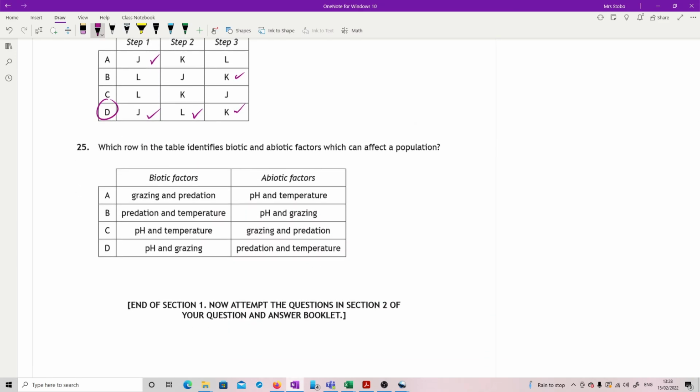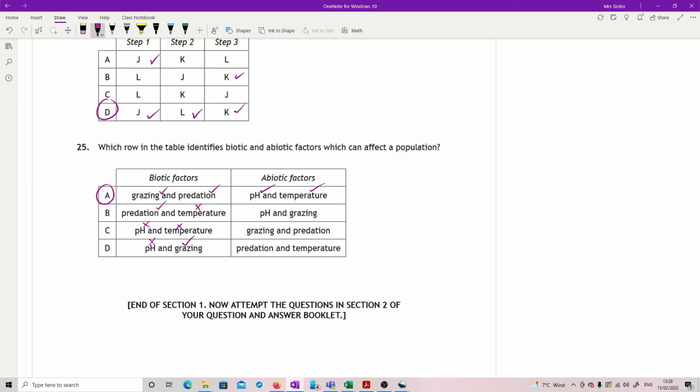And last one in the section. Which row in the table identifies biotic and abiotic factors that can affect a population? You're just going to go through and make sure you're happy. Okay, biotic must be living things. Grazing, predation, yes. Predation is good, temperature is not. pH and temperature both are not okay. pH is not, and grazing is. So actually you're already on this for A. But just to check, pH is abiotic, it's non-living, so is temperature.